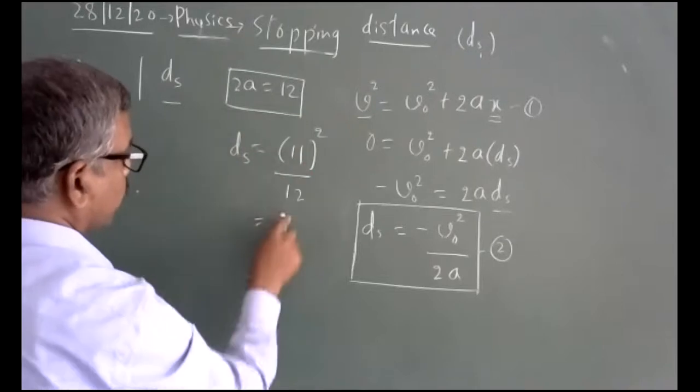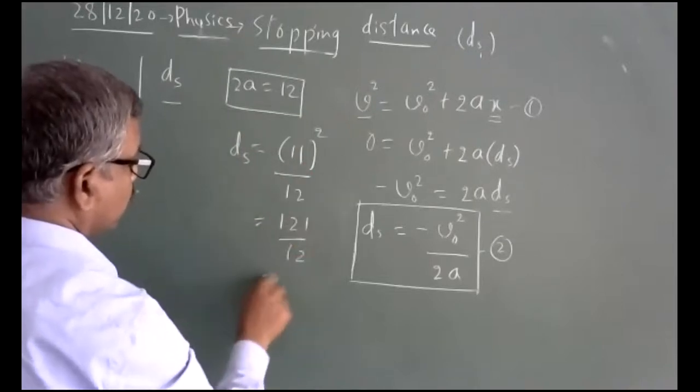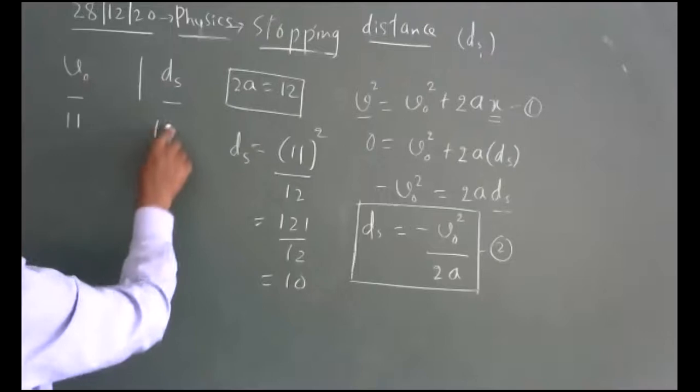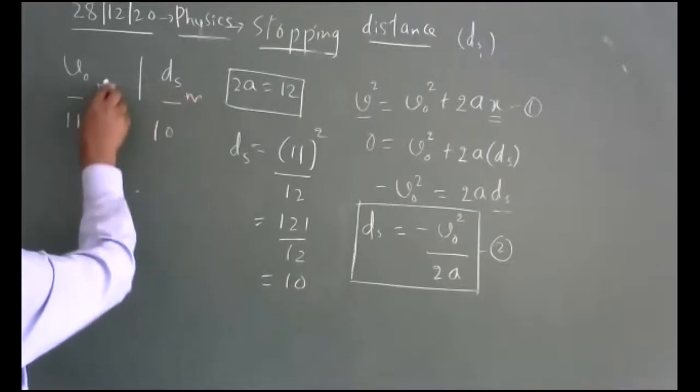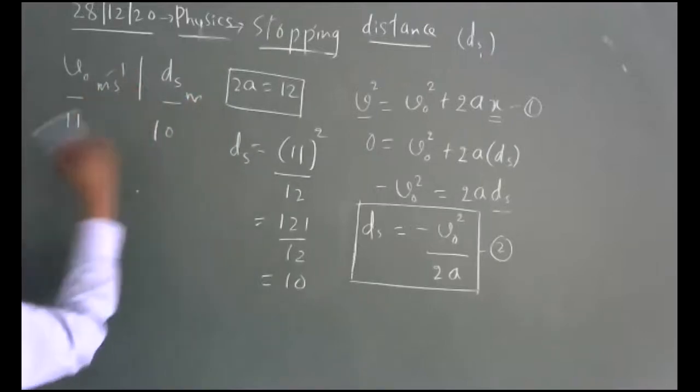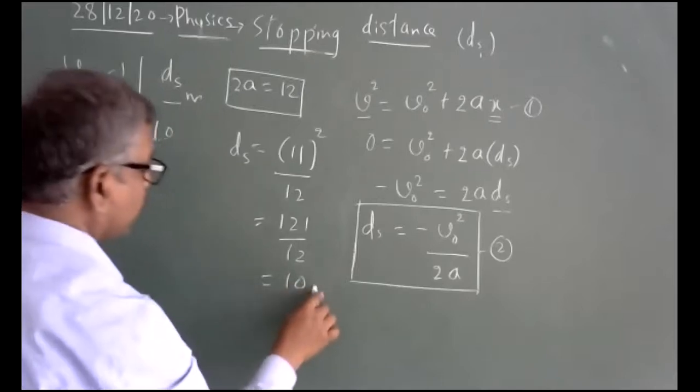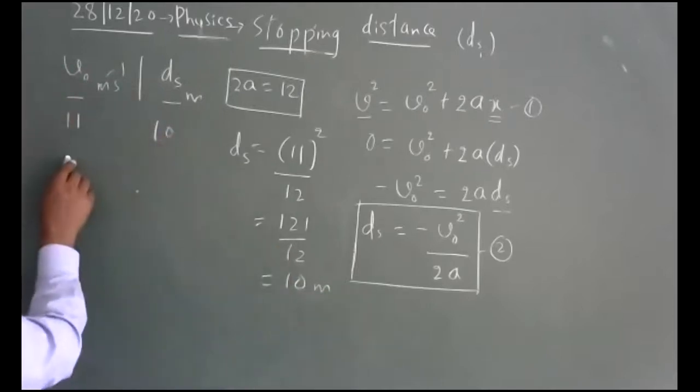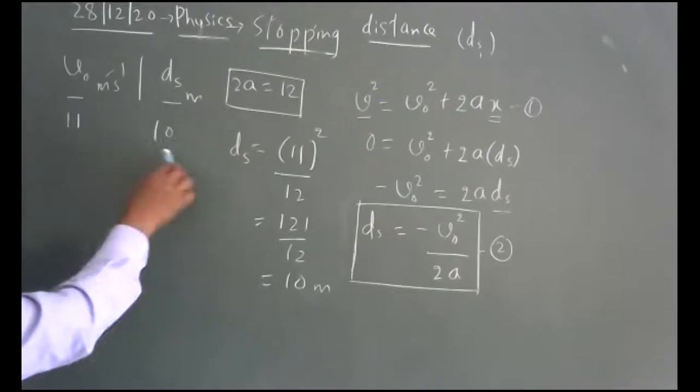So it becomes 121 divided by 12. Typically, I will get 10, so my stopping distance will be 10 meters. Velocity is measured in meters per second. Similarly, if I take certain other values, I will get other distances. So similarly, I will go for some other typical velocities.